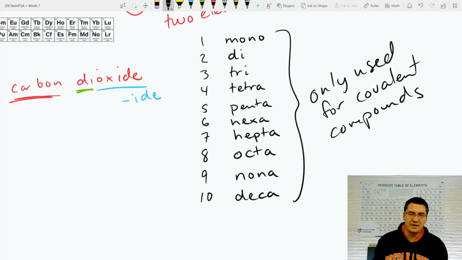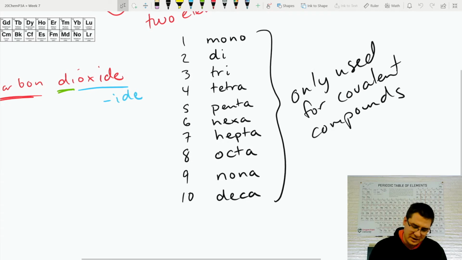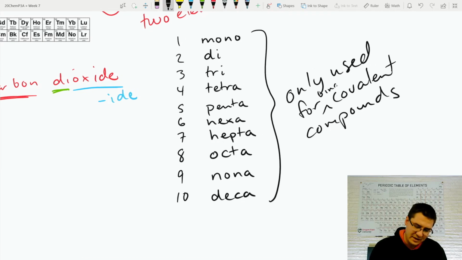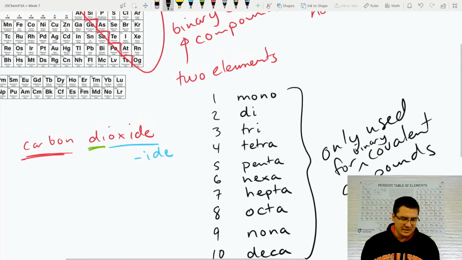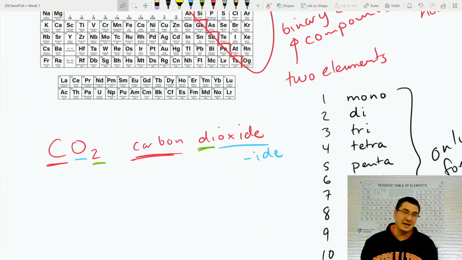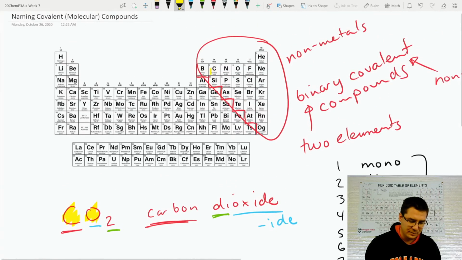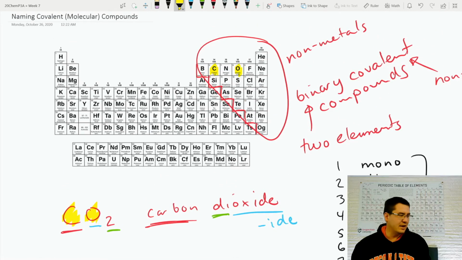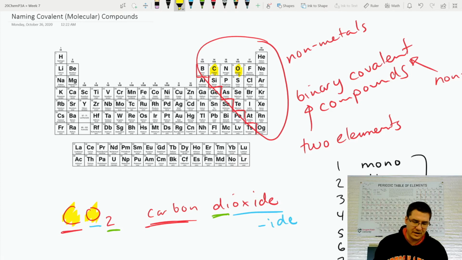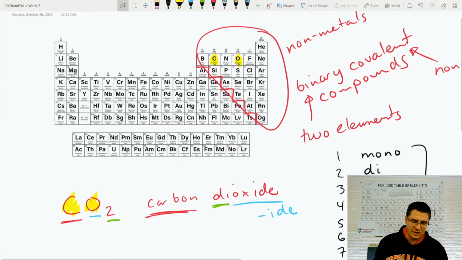So we're going to talk in class in the Zoom sessions about ionic compounds, acids, and some other molecules. So these ones are only used for binary covalent compounds. So I should actually squeeze in the word binary here. Okay, binary covalent compounds. And so just to prove to you, right, carbon dioxide is a covalent compound because carbon and oxygen can both be found up in that right-hand corner of the periodic table.